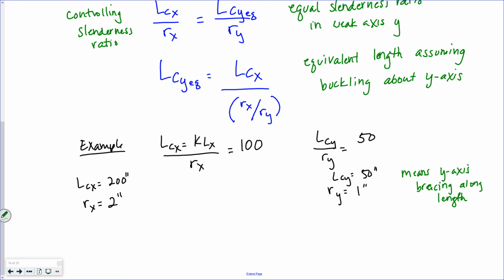So my unbraced length is so much shorter, and I have a higher slenderness ratio about my strong axis.